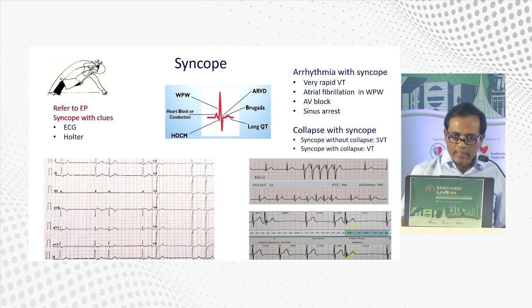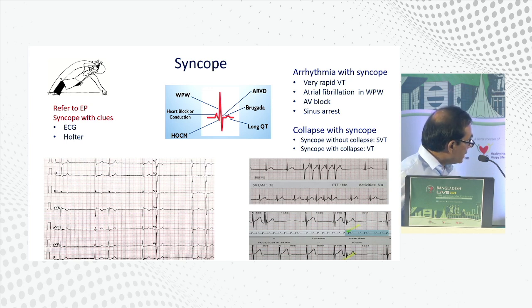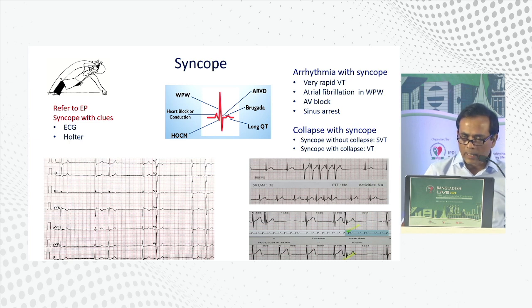And from the ECG during the palpitation, or previous records, we can see whether this syncope patient has these kinds of arrhythmias or not. Even the resting ECG may give some clues: the epsilon sign of ARVC, Brugada sign, QT abnormalities, LVH, or WPW. So these are the clues we can get before sending the patient.